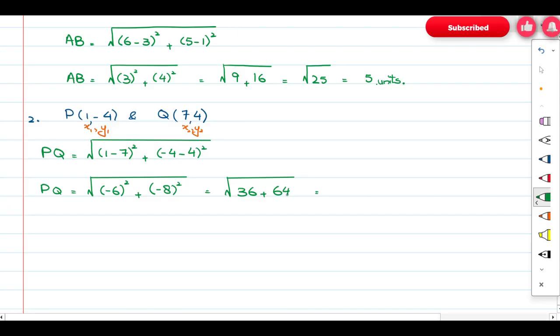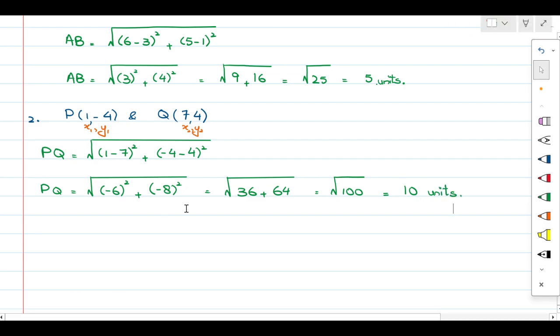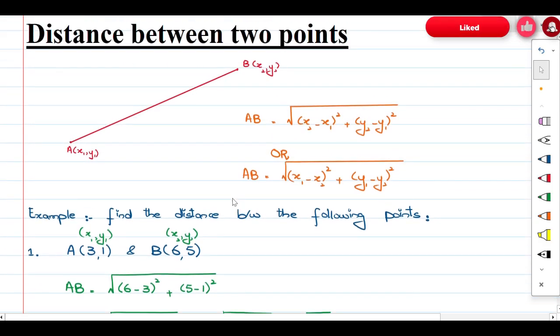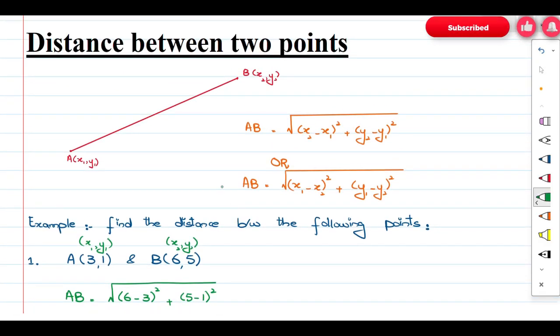And 36 plus 64: 6 plus 4 is 10, and 6 plus 3 is 9, plus 1 is 10. So 100. And root of 100, again 100 is a perfect square, which is equal to 10 units. So we can say the distance between the points PQ is 10 units, right? So whether you're using the first formula or the second formula, you are getting the same answers. So this is a formula to figure out the distance between the 2 points.